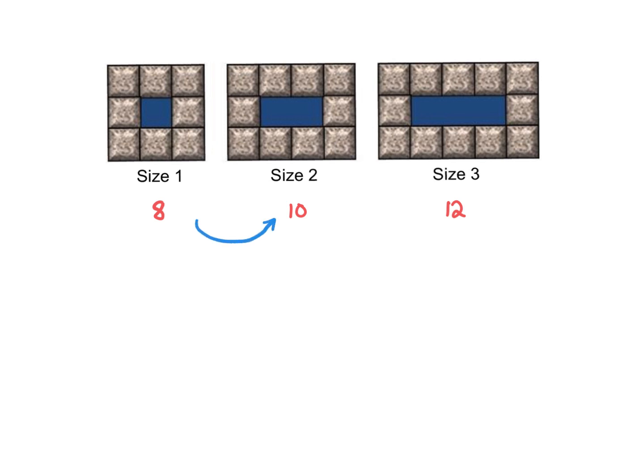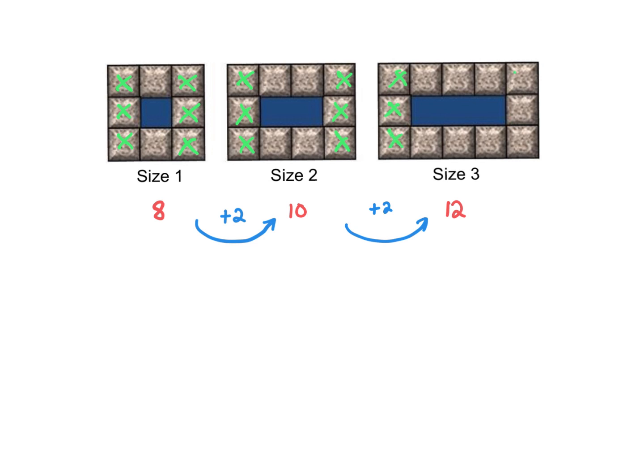Let's see if we can use the picture to help us figure out what's going on. We have to look at what stays the same every time and what changes. You can see that the water in the middle just becomes a little bit longer every time. So it seems that what I'm adding is in the middle, but the sides stay the same in each case of my pattern.